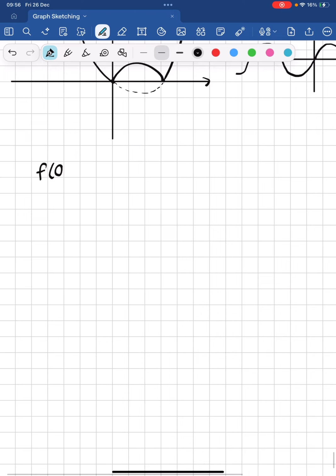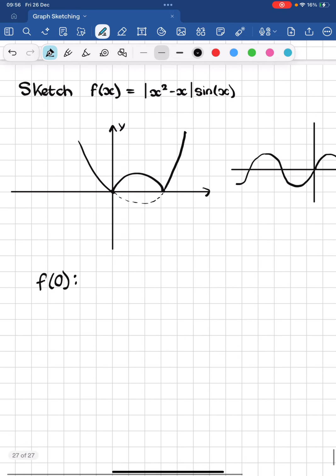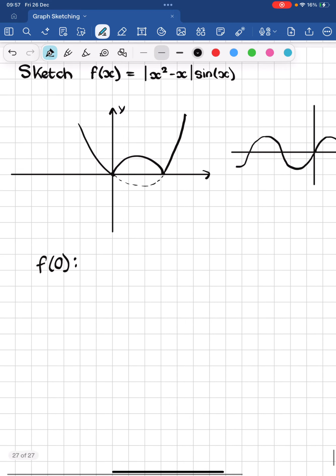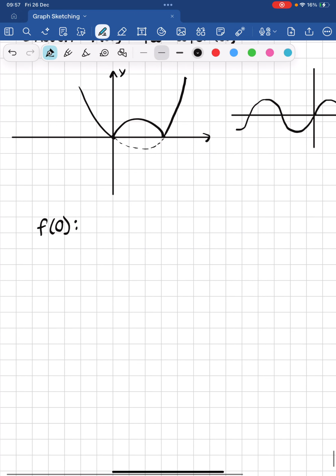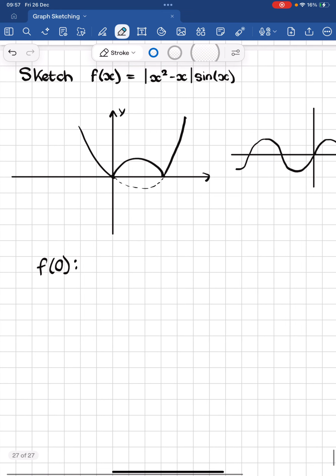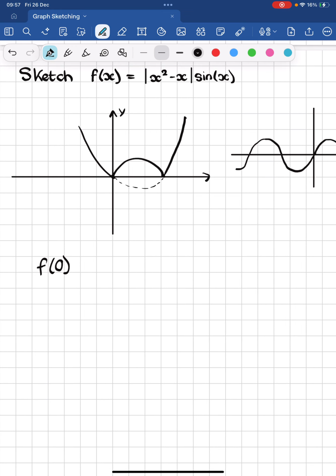So let's look at f of 0. No, we shouldn't look at f of 0, we should look at when sine x equals 0.